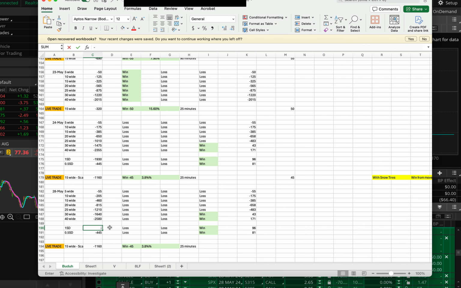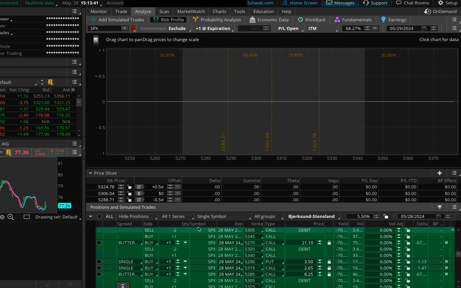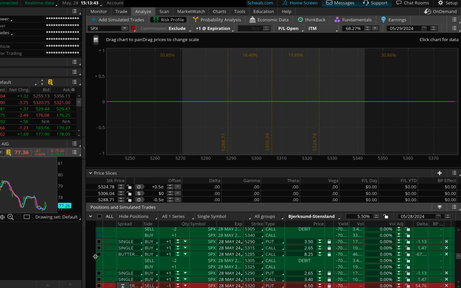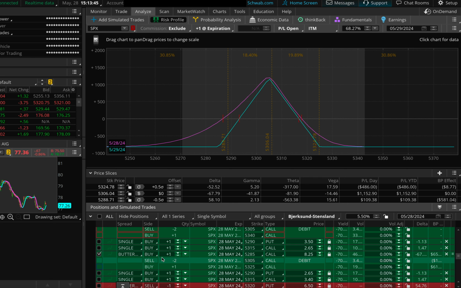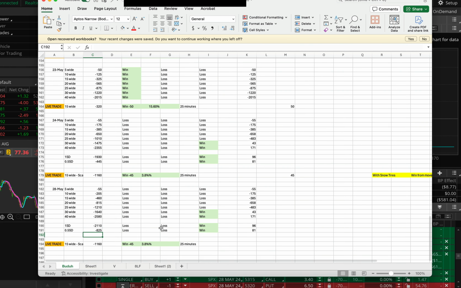And then on the half standard deviation, and that's without the wheels, the risk is 825. Okay, that's good.